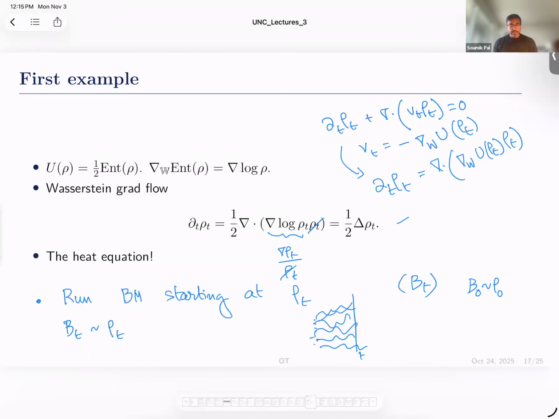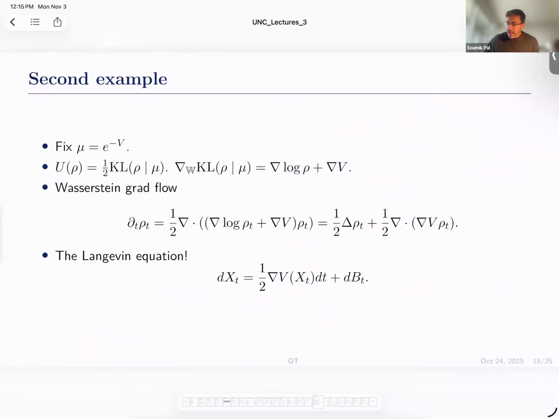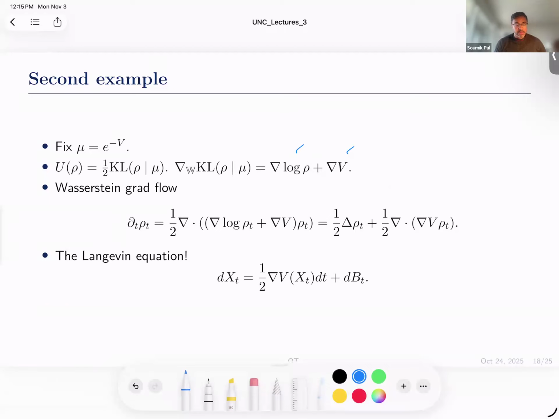That's my first example. For my second example, I'm going to look into Kullback-Leibler. So my μ is equal to e to the power minus V. My function U of ρ is again 1/2 Kullback-Leibler of ρ to μ. And so if I look into what my Wasserstein gradient is, I get the score function plus the gradient of V. If I write down my Wasserstein gradient flow, ∂_t ρ_t is the divergence of the Wasserstein gradient times ρ_t.